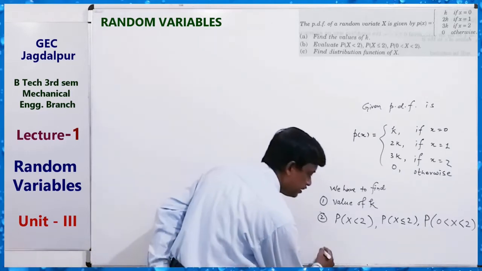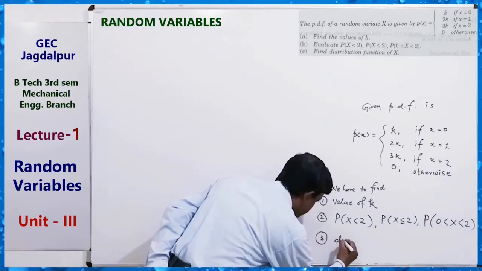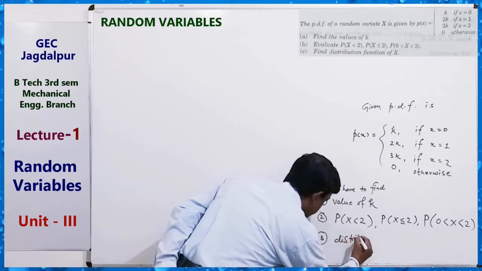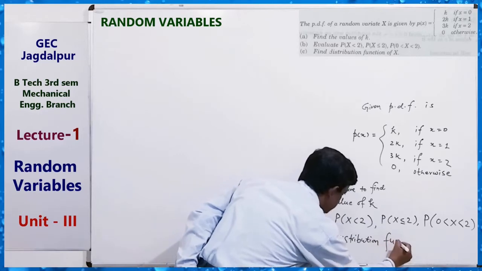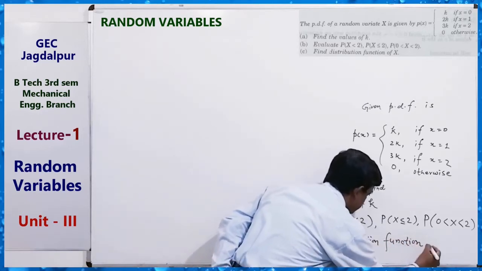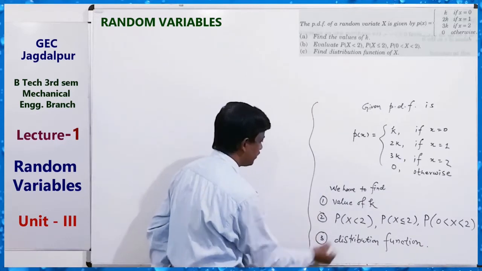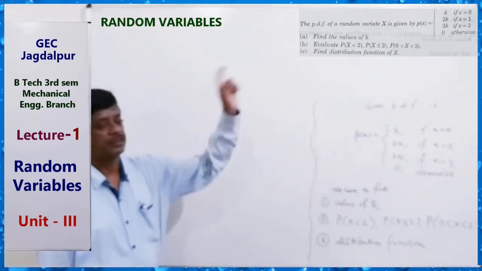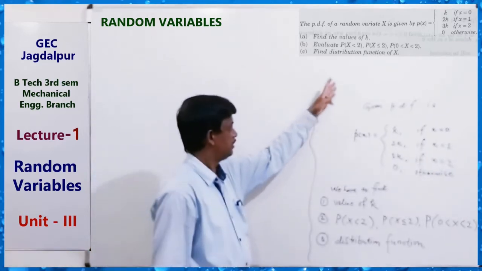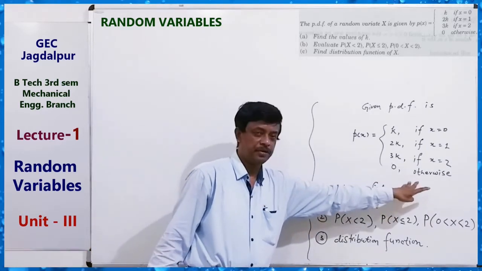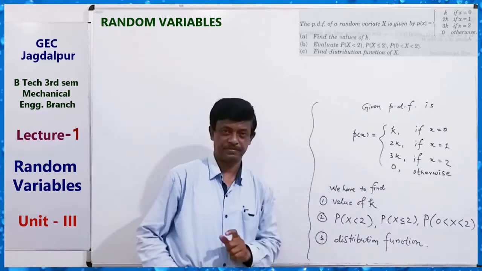And third, the distribution function. So this is the given form in the question, and we have to find these.